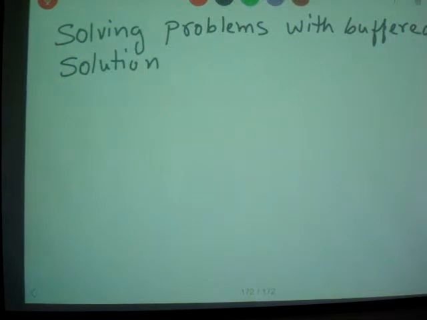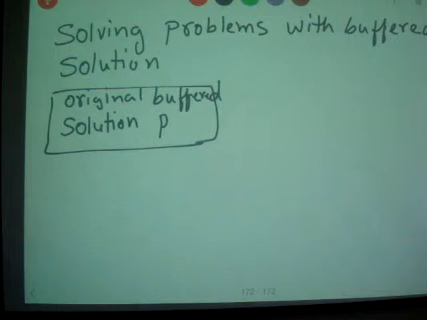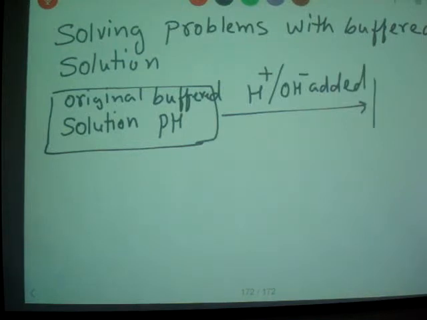First we have the original buffered solution pH. And when you add H plus or OH minus, then you get a modified pH, right? So what do you do?